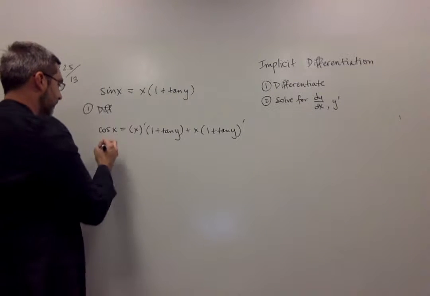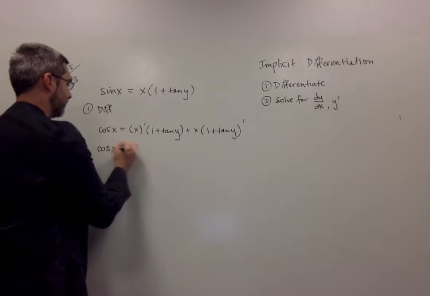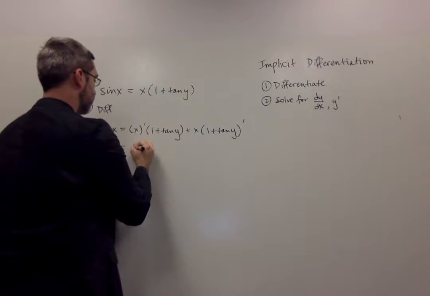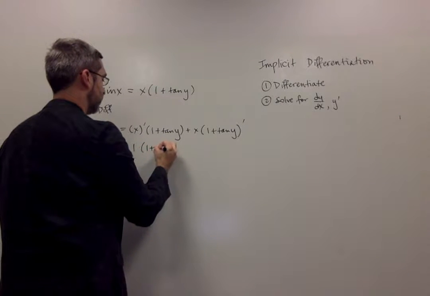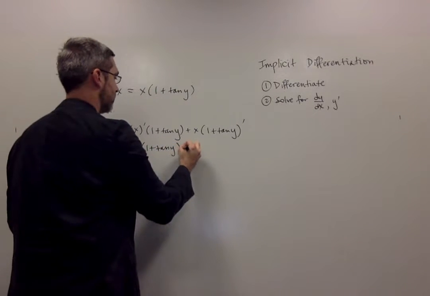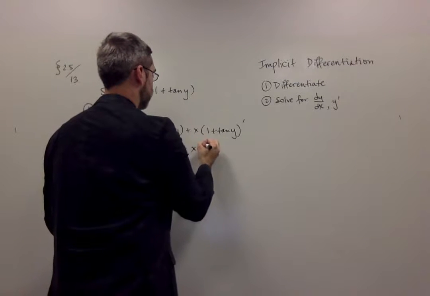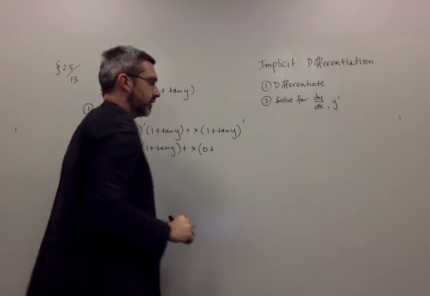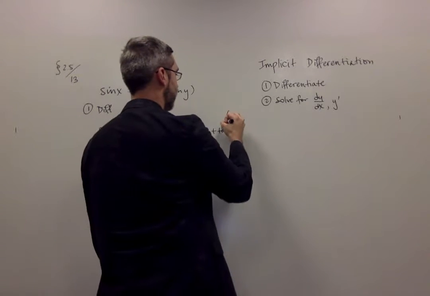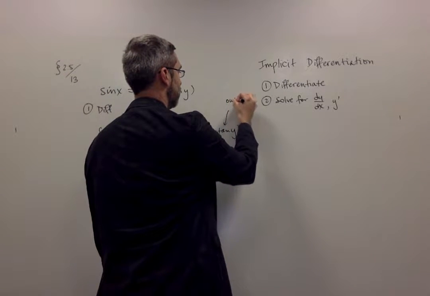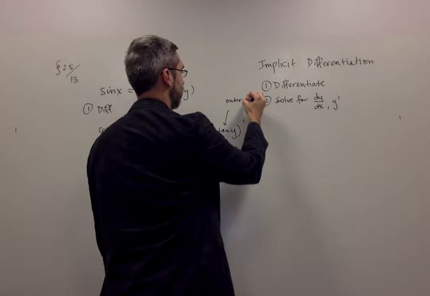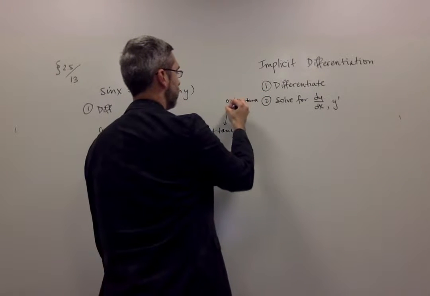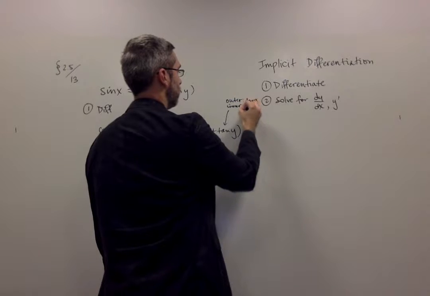So let's keep going. I rewrite my cosine. Derivative of x is 1. So I've got a 1 plus tangent y there. Times x, derivative of 1 is 0. Now tangent of y, remember tangent is on the outside, and y is on the inside.